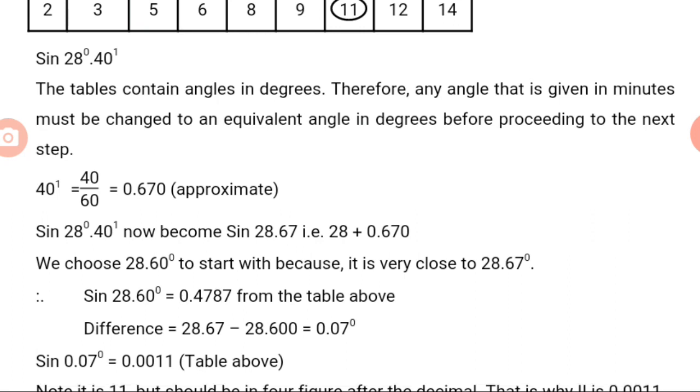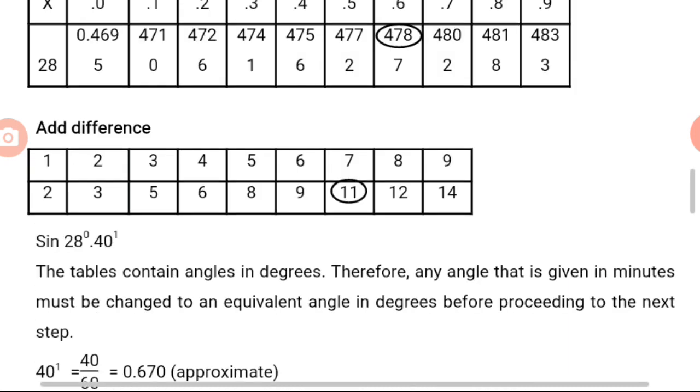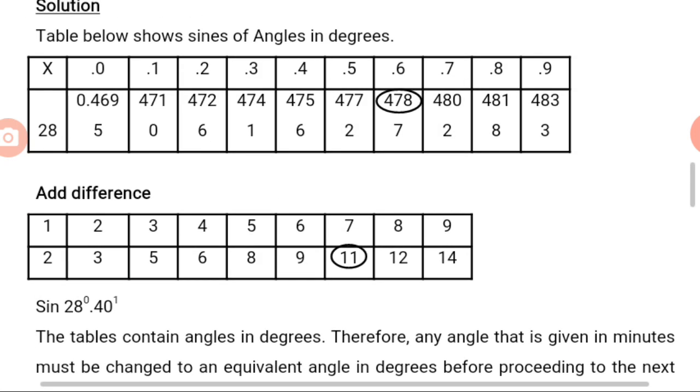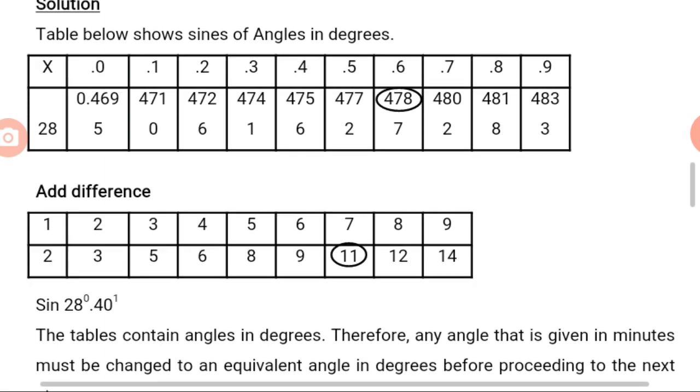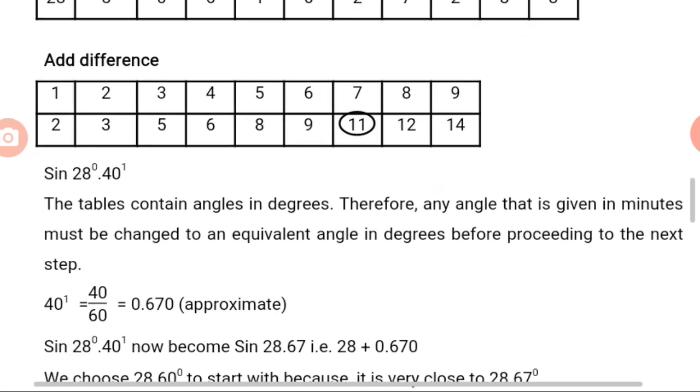Are we together? Look at it once more. That is 0.4787. That is how it will be.